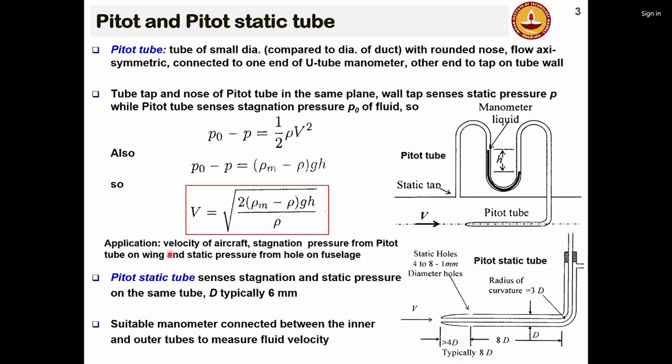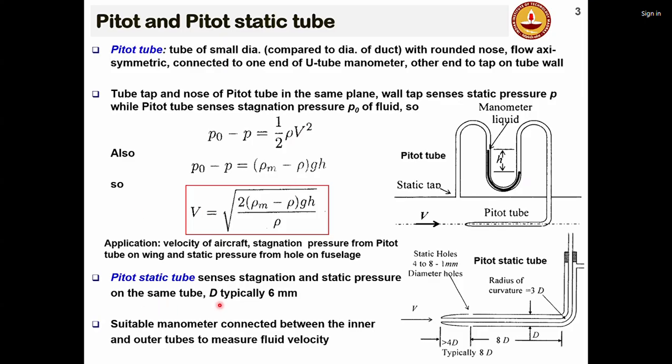So the pressure probe on the fuselage, which is held perpendicular to the fuselage body, gives the static pressure, right? So the probe over the wing gives you the stagnation pressure. The port on the fuselage gives you static pressure. So by measuring the difference, you can actually predict what is the velocity of the aircraft.